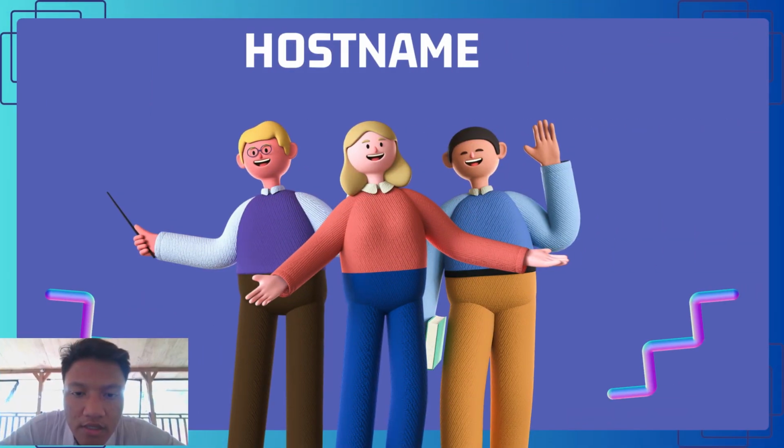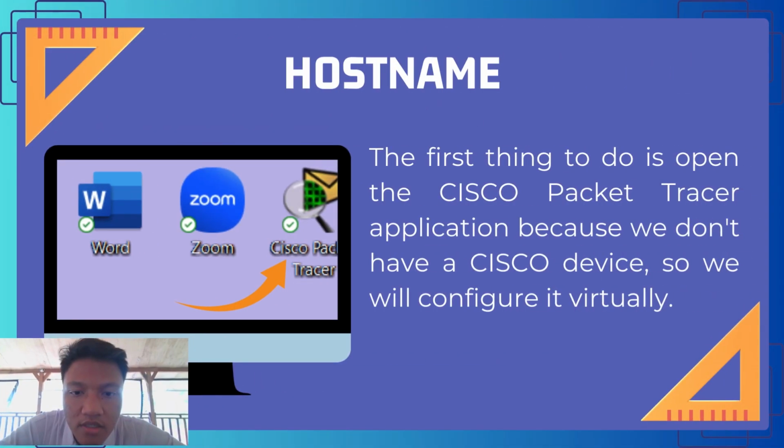So the first thing is hostname. The first thing to do is open the Cisco Packet Tracer, but if you don't have the application of Cisco Packet Tracer, you have to download it at the Net Academy, Network Academy website.